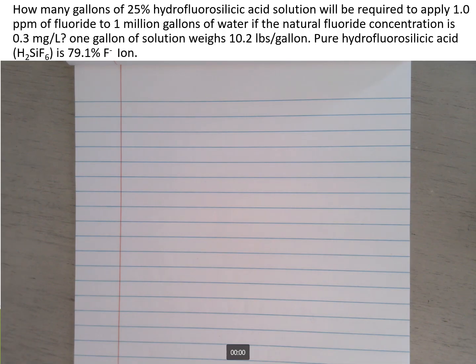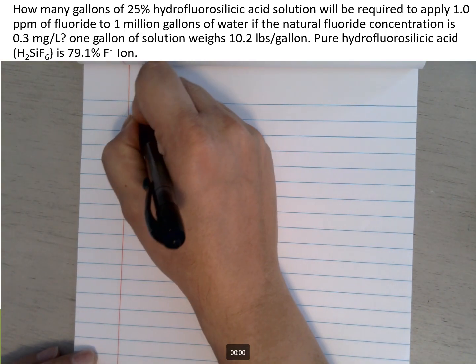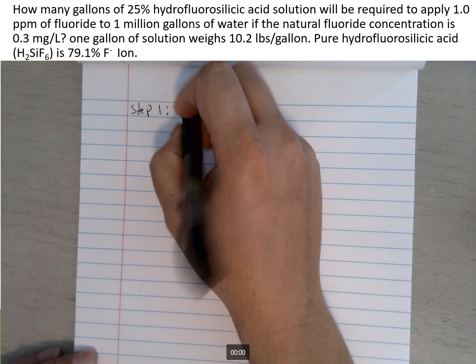It also gives pure hydrofluorosilicic acid, in that molecule, H2SiF6, constitutes 79.1% fluoride ion. So let's start off with step number 1, and that's always finding your million pounds of water.